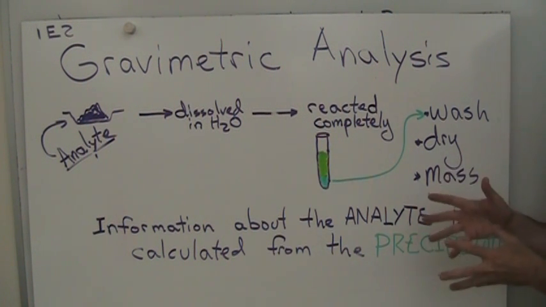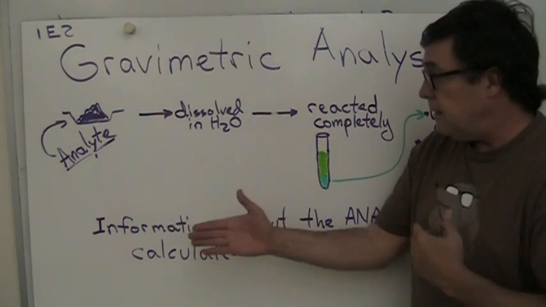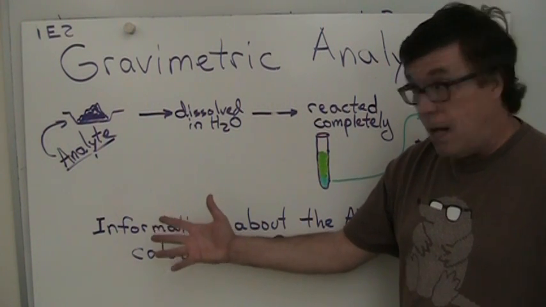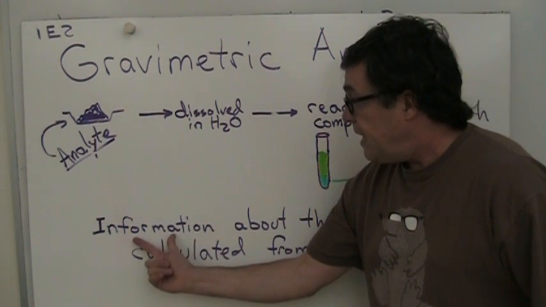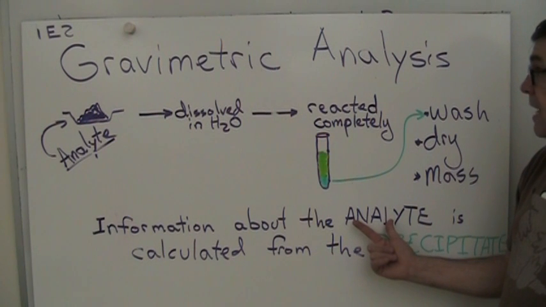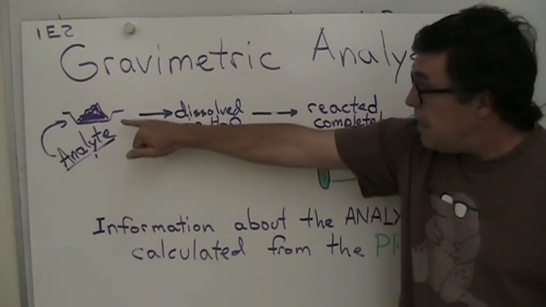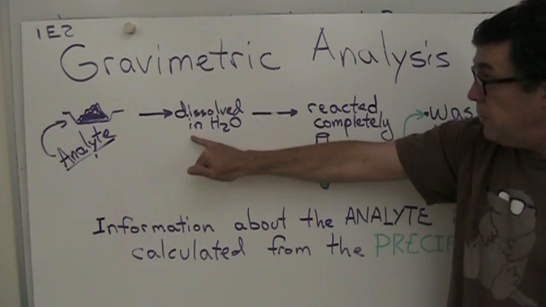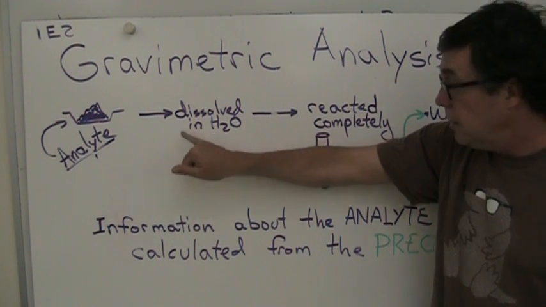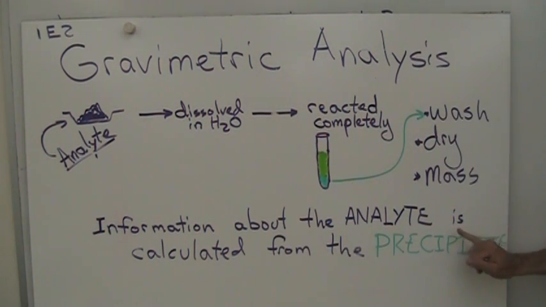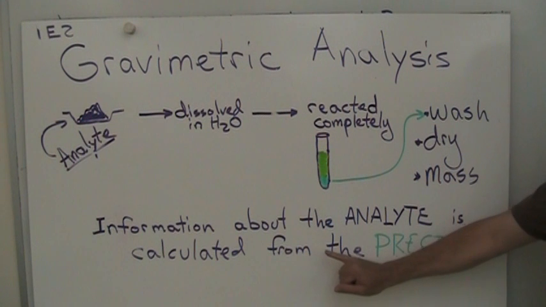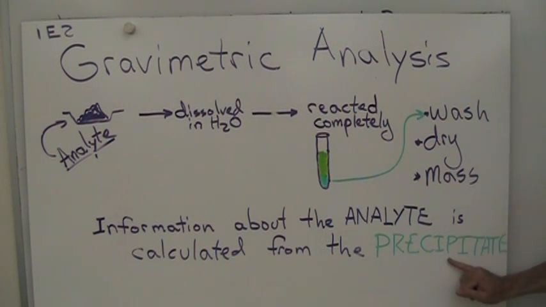Then we start the analysis, which often has to do with stoichiometry. And so we find information about the analyte. We find information about this original sample that was dissolved in water by calculating something from the precipitate.